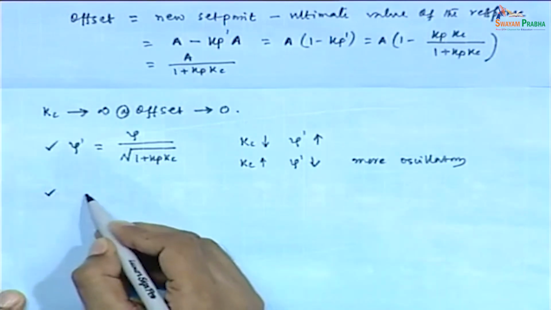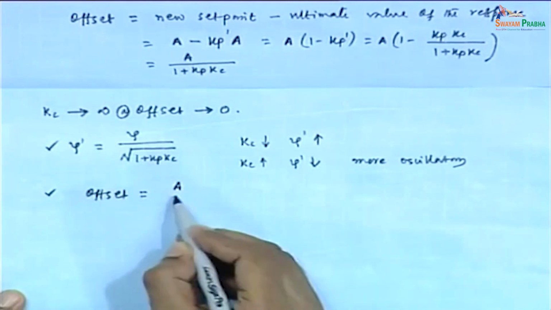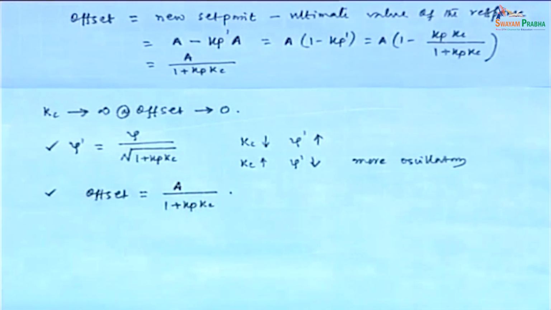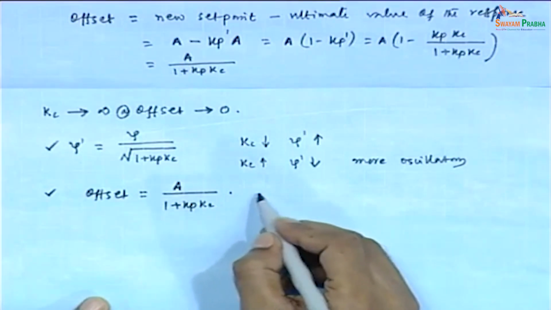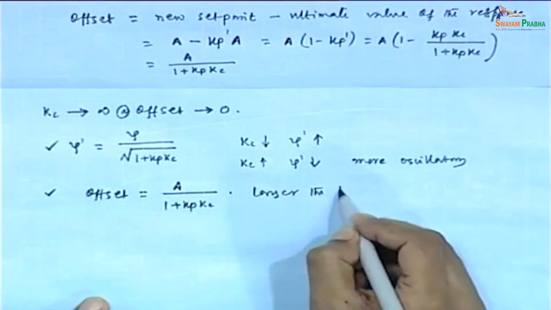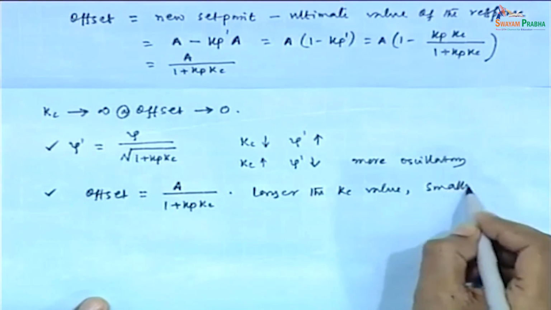Another point is, we know the offset equals A divided by 1 plus Kp Kc. From this expression, we can say that the larger the Kc value, the smaller the offset.